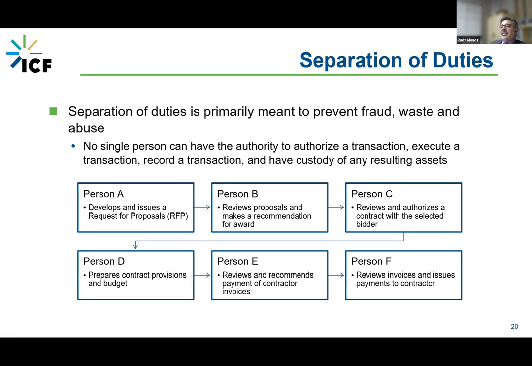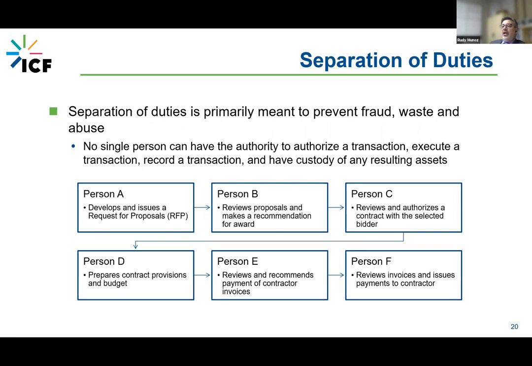Well-designed internal controls prevent a single person from having authority to approve a transaction, to execute that same transaction, record a transaction, and to have custody of any of the resulting assets.